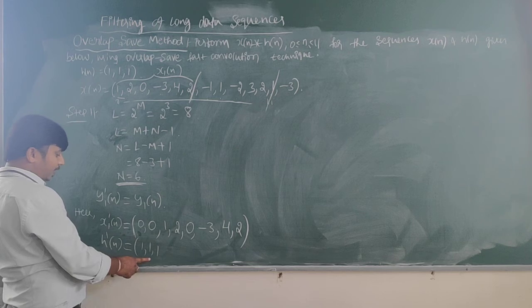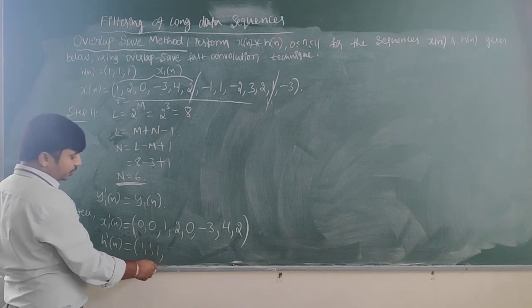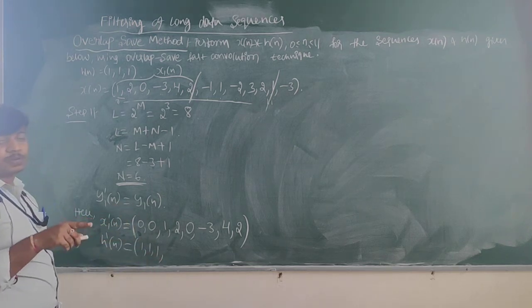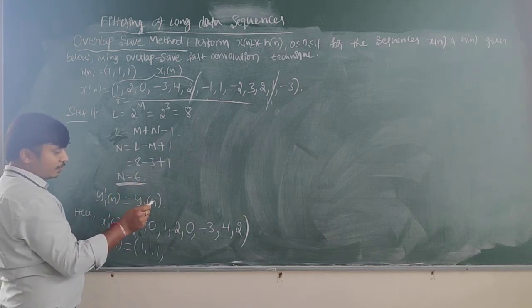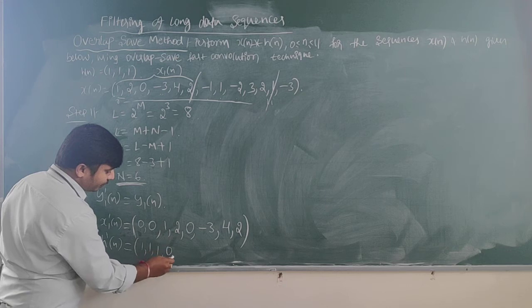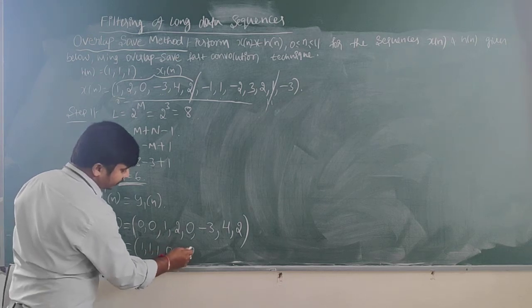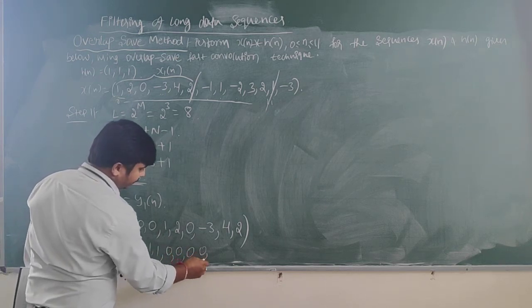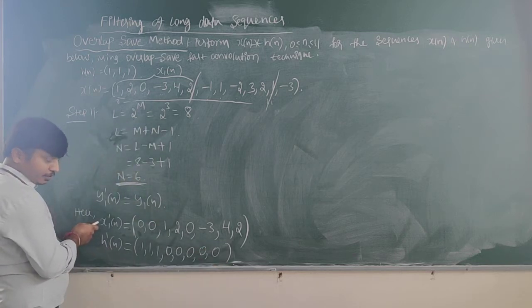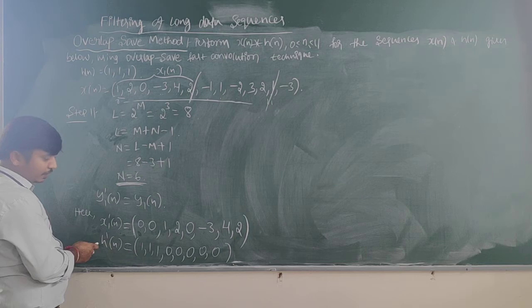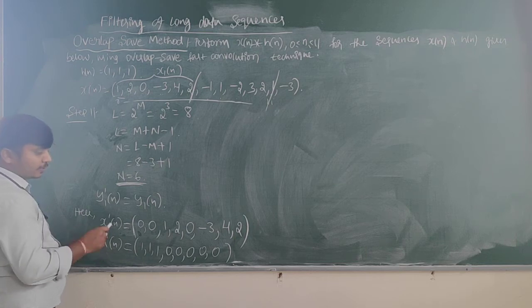Now I have h dash of n of length 3, so I need to add n minus 1 zeros. What is the n value here? 6. 6 minus 1 is 5. So I need to add 5 zeros. Now the length of x1 dash of n and the length of h dash of n are equal, that is equal to L.